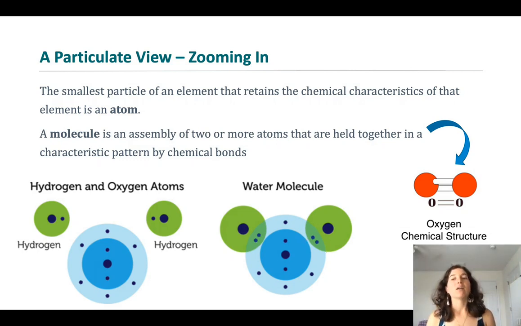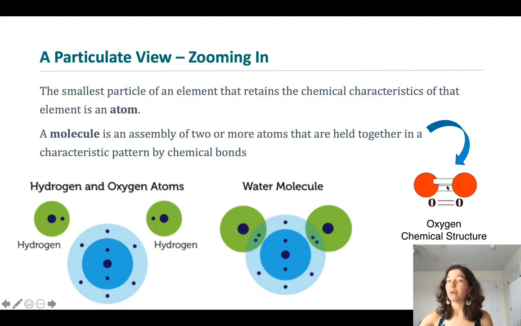But now let's look at oxygen. Oxygen gas is an element because it's only composed of oxygen. However, oxygen is composed of two atoms stuck together. So even though it's an element, it has two atoms inside of it, which makes it a molecule.